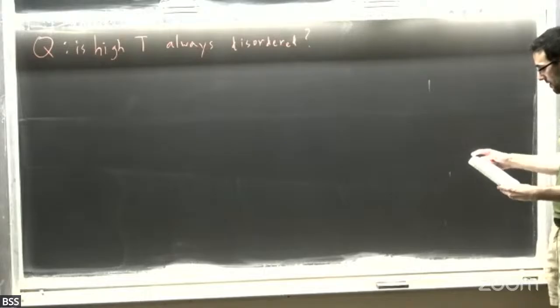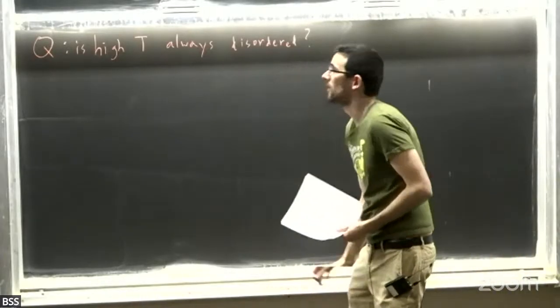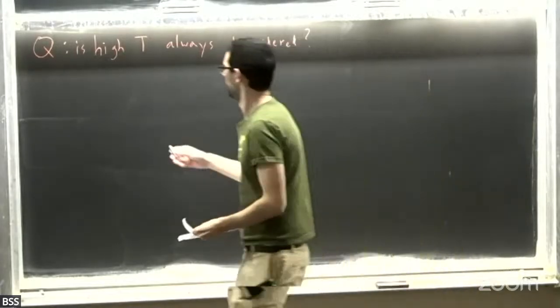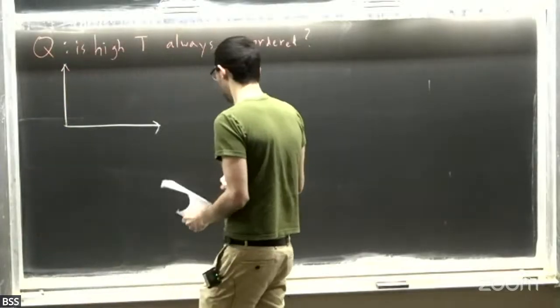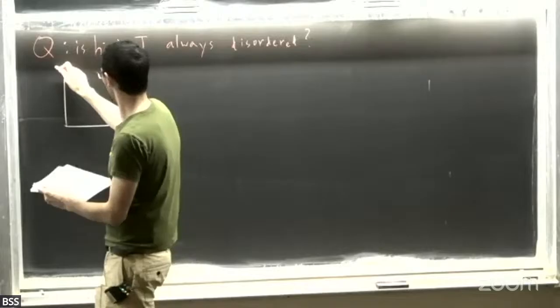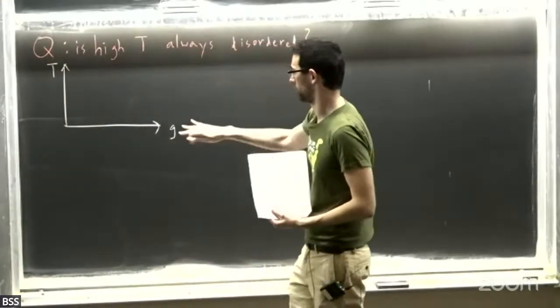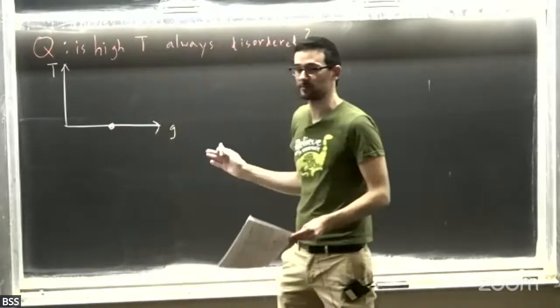All right. We drew a similar picture already, but let me again motivate this question as follows. This time I'm going to be a little more sophisticated and draw a two-dimensional phase diagram where I have temperature and some other parameter. Maybe we're talking about some quantum system.